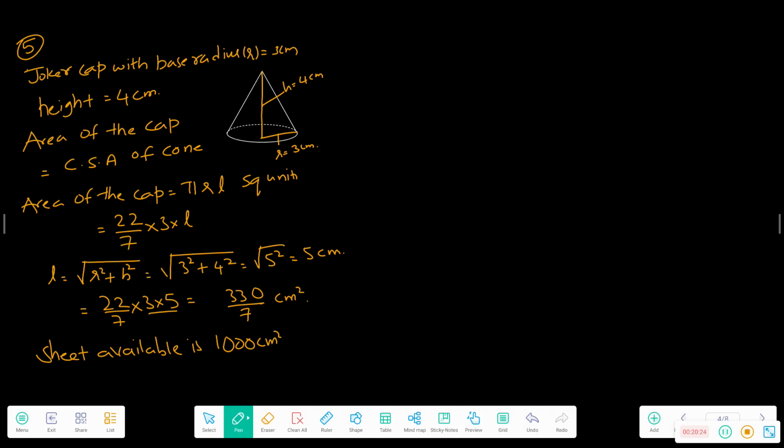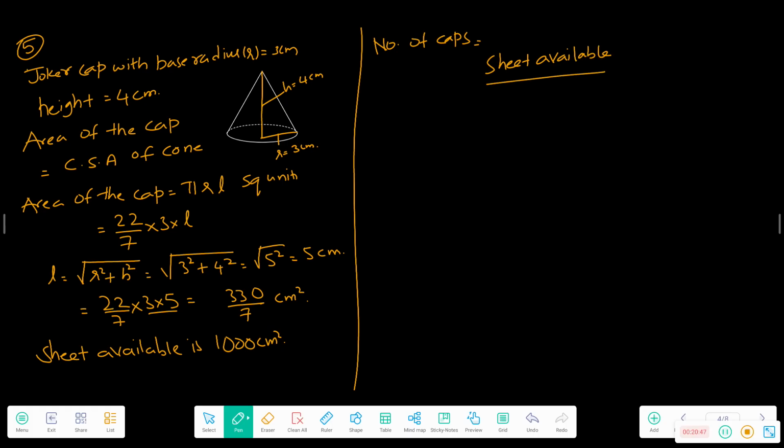1000 centimeter square. Now number of caps is equal to sheet available by area of a cap.